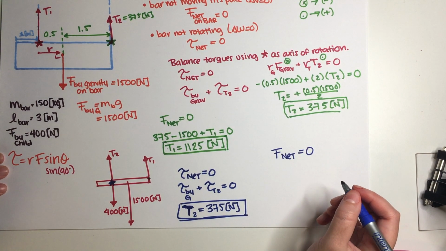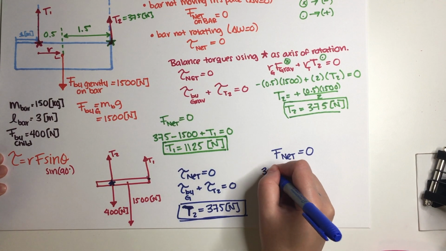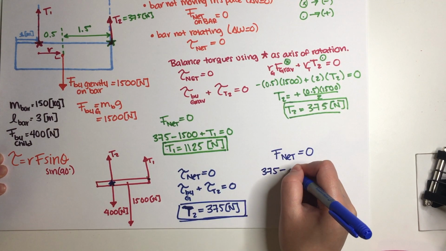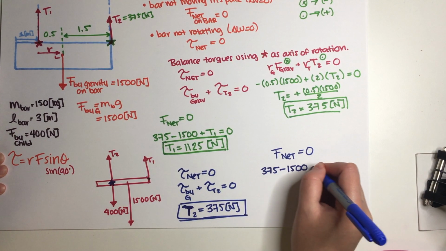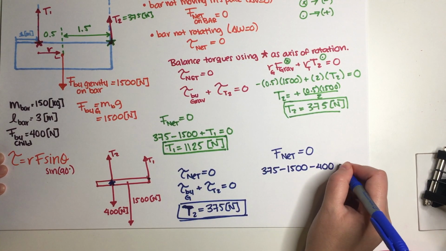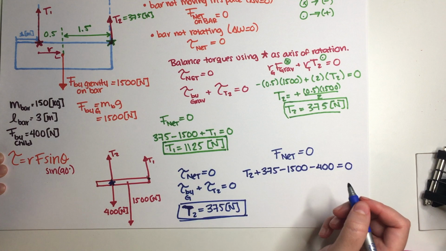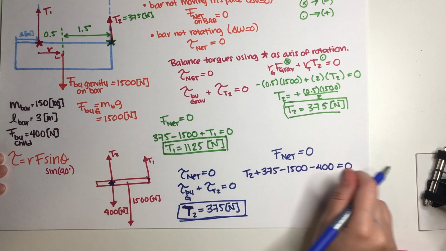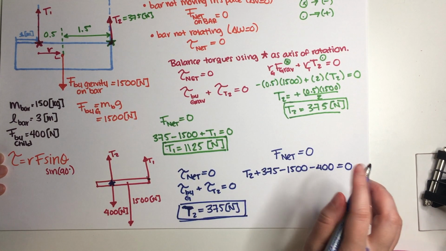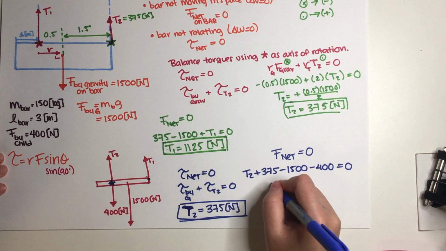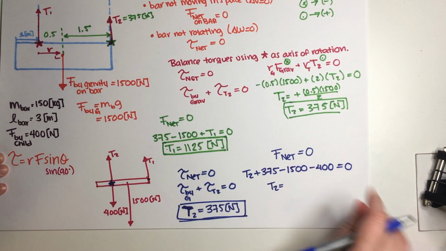So let's just go ahead and do that. We have one force going up, one force going down, another force going down, and T2, and if I add all of these, including T2, that has to be equal to 0. So I'm just gonna go ahead and solve for this.